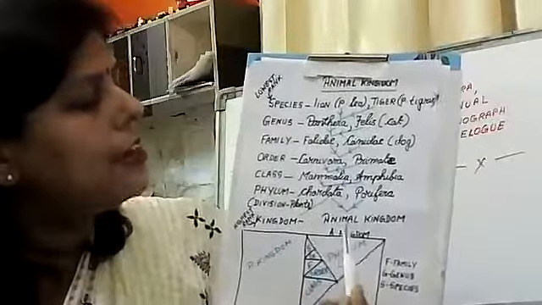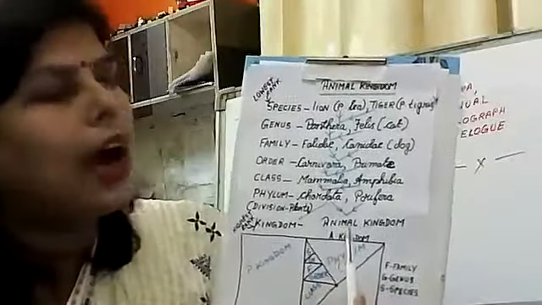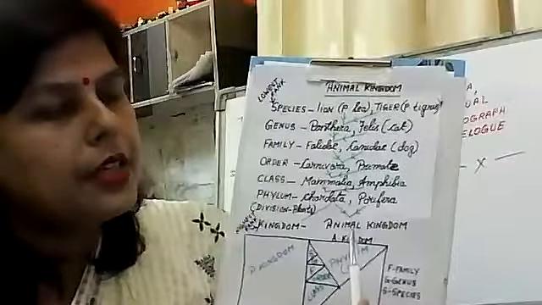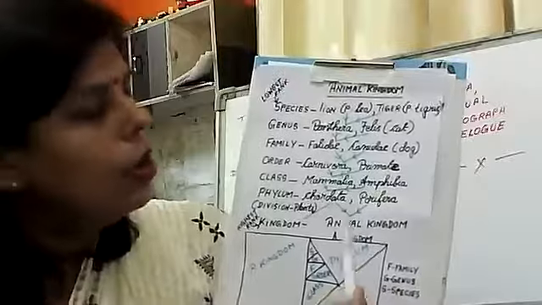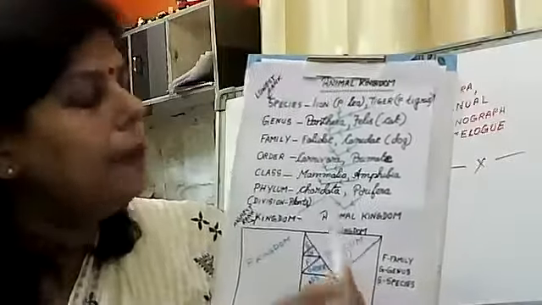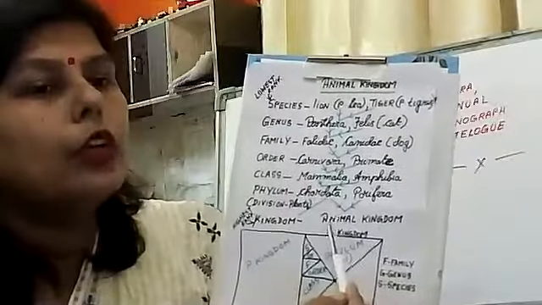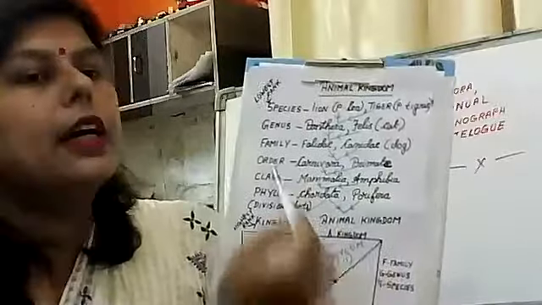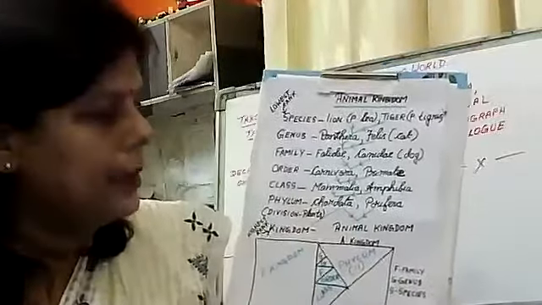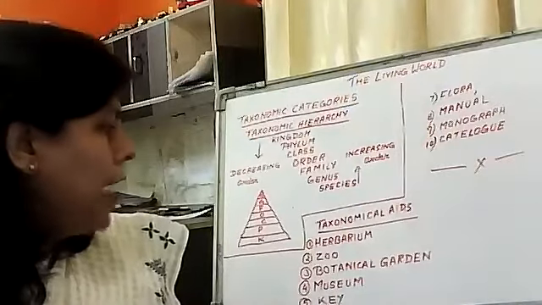So here we can say that one common character is that all are heterotrophs. That means they can't prepare their food, they have to depend upon others. So in that way, ultimately, all these groups fall under one bigger group, that is the animal kingdom. So in this way, the classifications were done. So now this much about the taxonomic hierarchy.